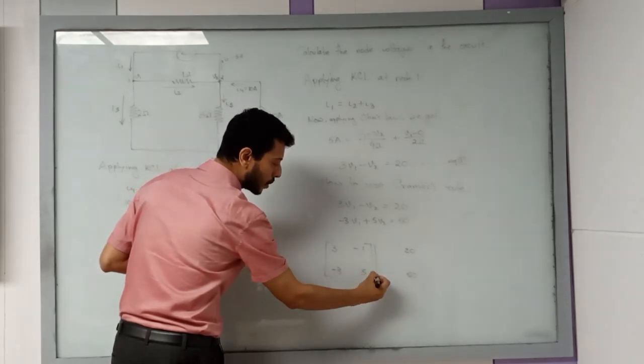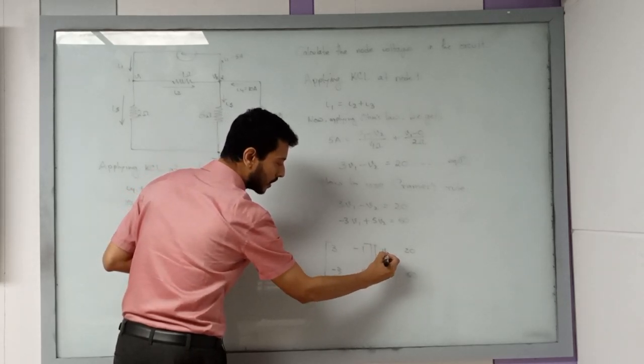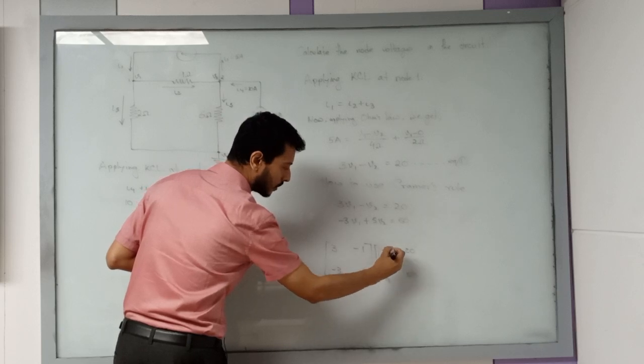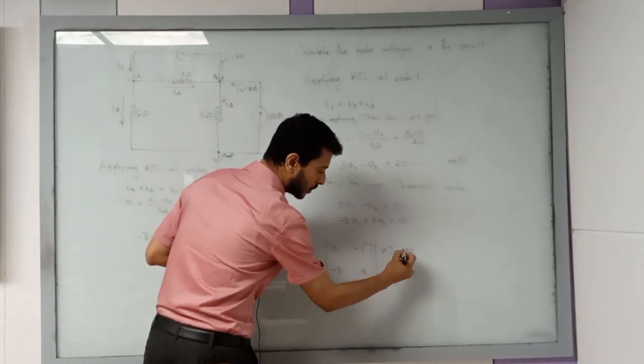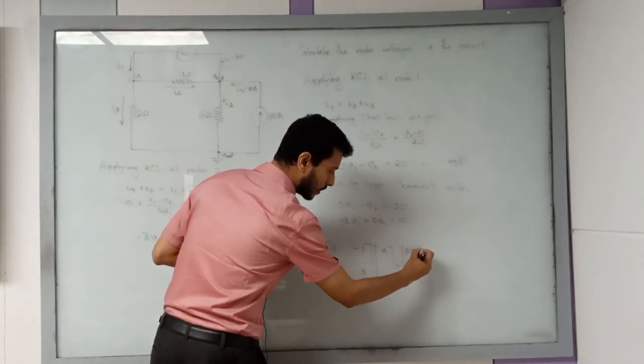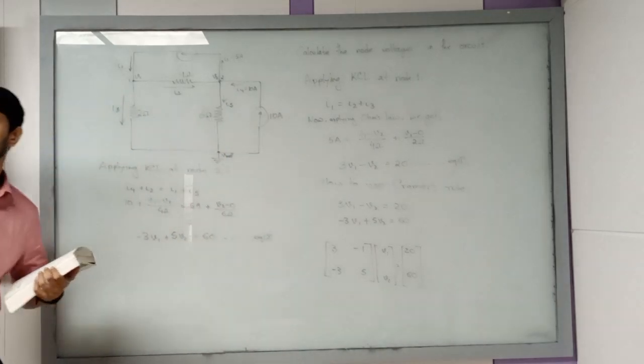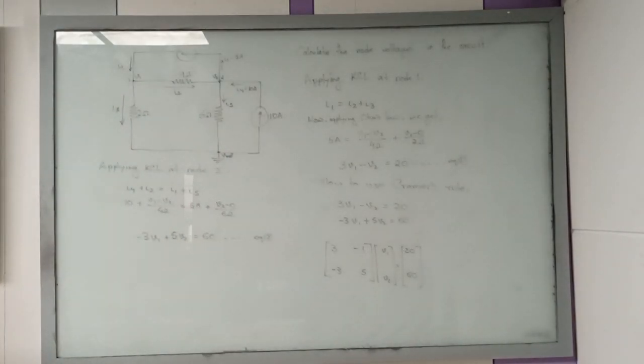So I write the column over here v1, v2, which should be equal to the constant values. So this is how you form the matrix. Okay, 2 into 2 matrix, তোমার matrix 3 into 3 matrix ও হতে পারে, এরকমও হতে পারে। সো ম্যাট্রিক্স ফর্ম কিভাবে লিখতে হয় বুঝছো তো? ক্লিয়ার?